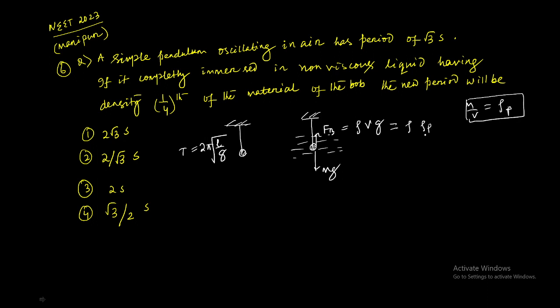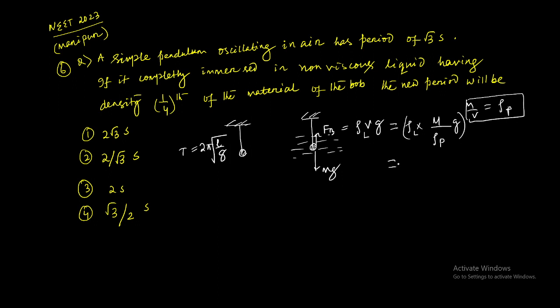So this V can be written as here, V can be written, I can write rho L, right? Liquid density rho L into volume, which can be written as mass of the ball divided by rho P, that is the density of the pendulum, into g.